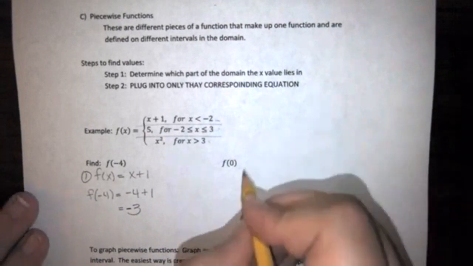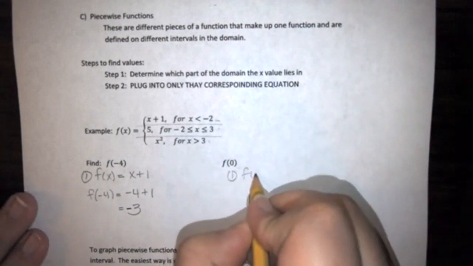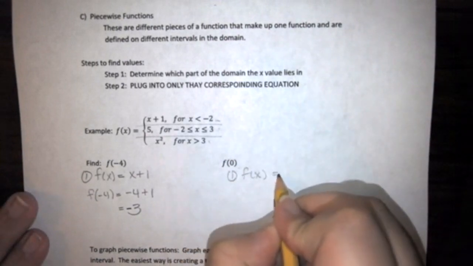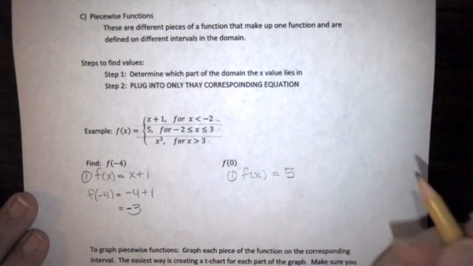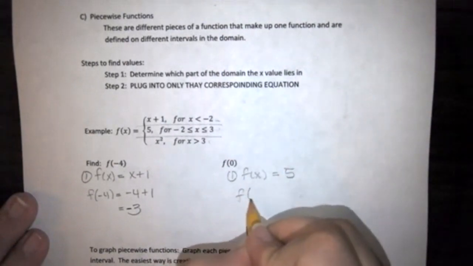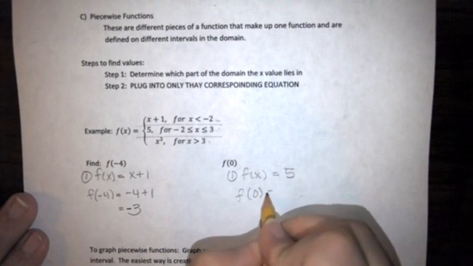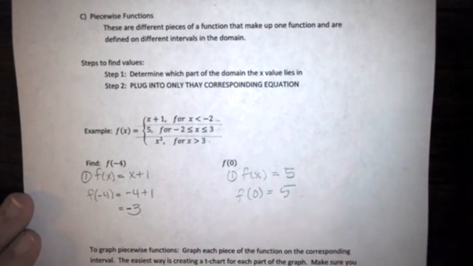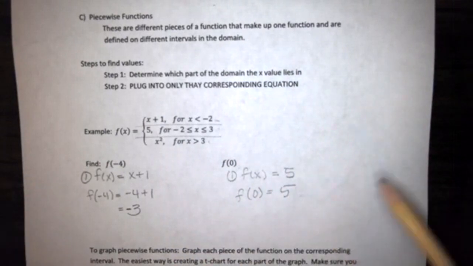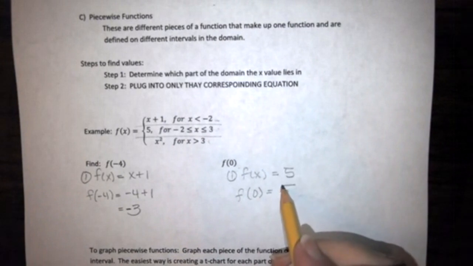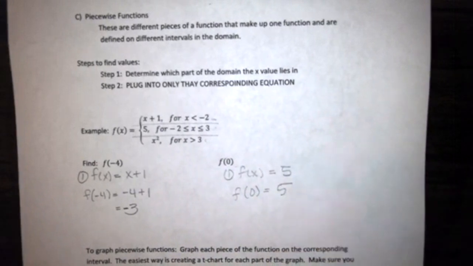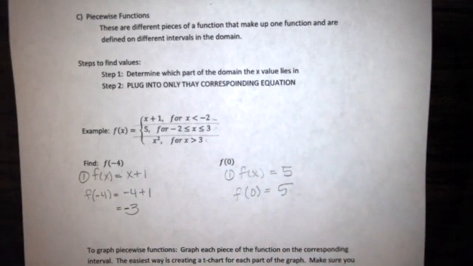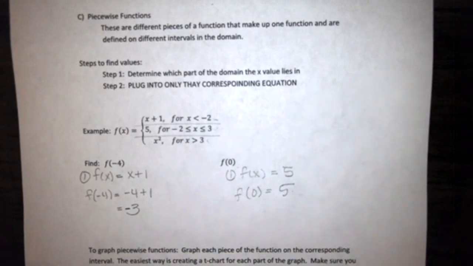So identifying the equation means we are looking at the function f of x equals 5. So to evaluate f of 0 gives you 5, because this is that special horizontal line. So there's nothing for us to do except state the result.